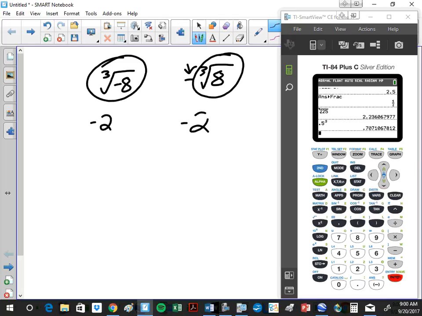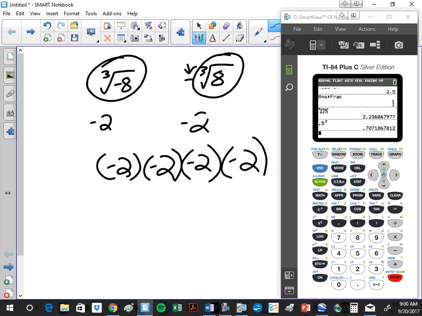What does that mean? Can 16 be broken into 4 equal multiplications? Yes, the answer would be 2. And then the negative 16 to the 1/4. Can negative 16 be broken into 4 equal multiplications? No, because negative 2 times negative 2 times negative 2 doesn't work because I have an even root. So that one didn't work.